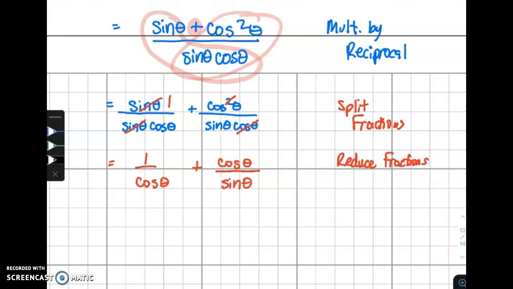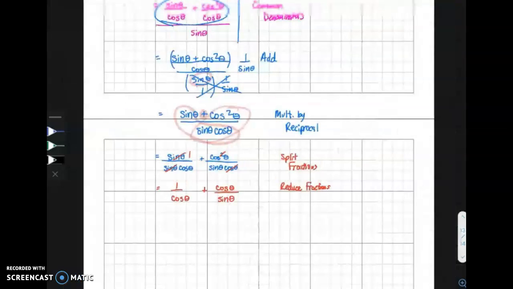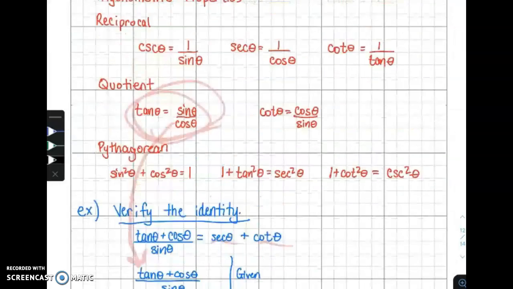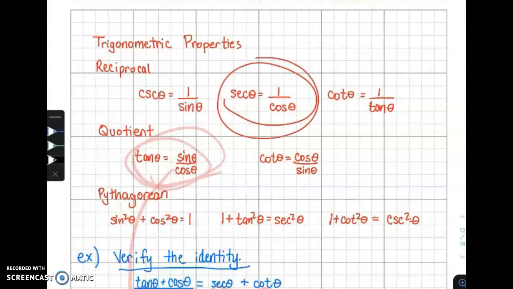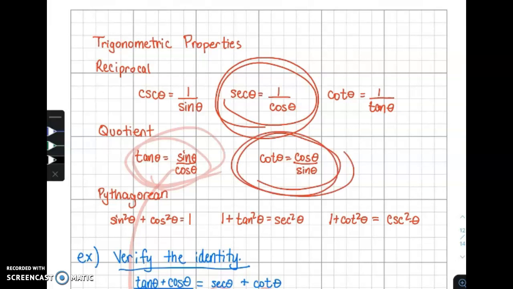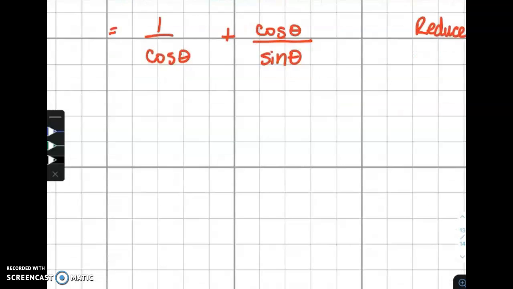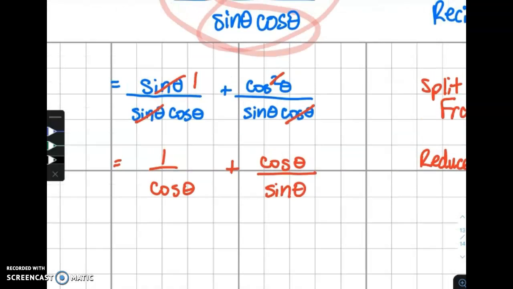We should be at the last step. How do I get secant and cotangent? Well, if you look at your properties, 1 over cosine is secant. So you're going to plug that in. Secant is 1 over cosine. And we have cosine over sine, which is cotangent. So we can plug those in. 1 over cosine is secant. And cosine over sine is cotangent.